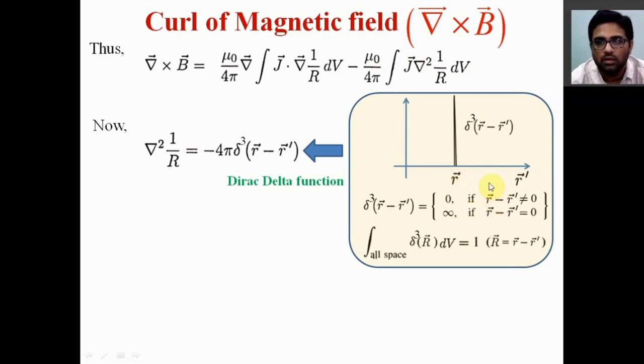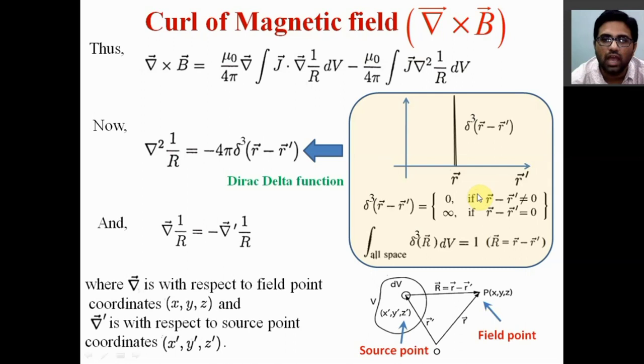Okay. Now we have to use another fact that gradient 1 by r with respect to field point coordinates is opposite in direction but same in magnitude as the gradient of 1 by r with respect to source point coordinate.